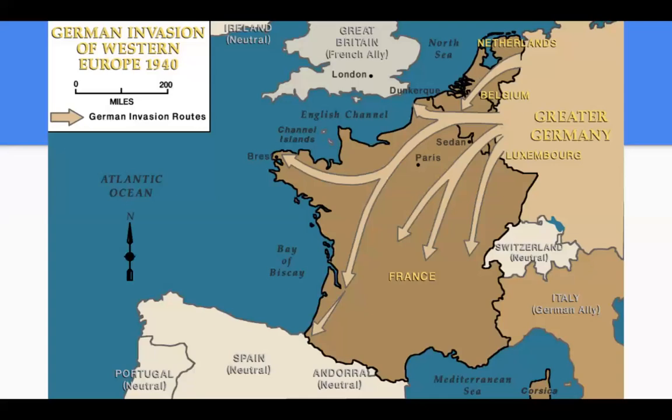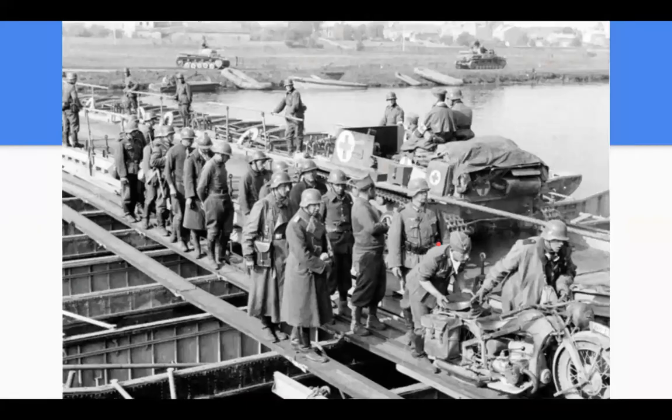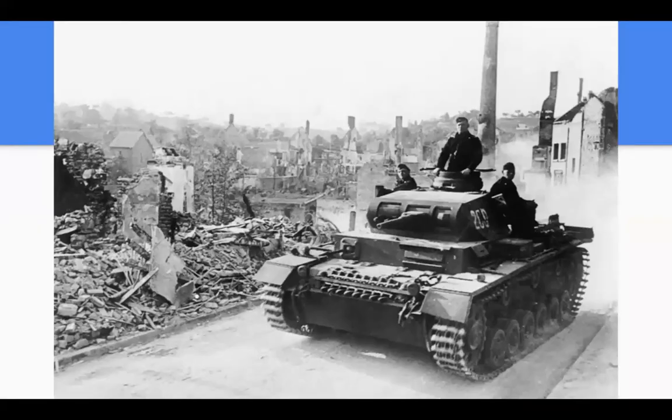And then Western Europe, Netherlands, Belgium. So this is where the Maginot Line is, right here. This area is the Maginot Line, and they went through there, the forest. More tanks.